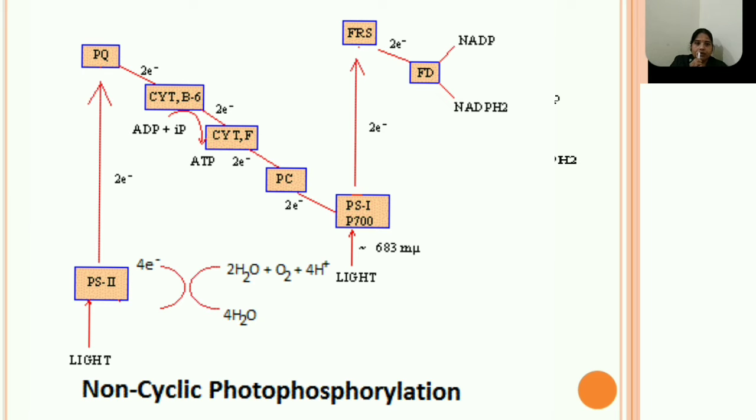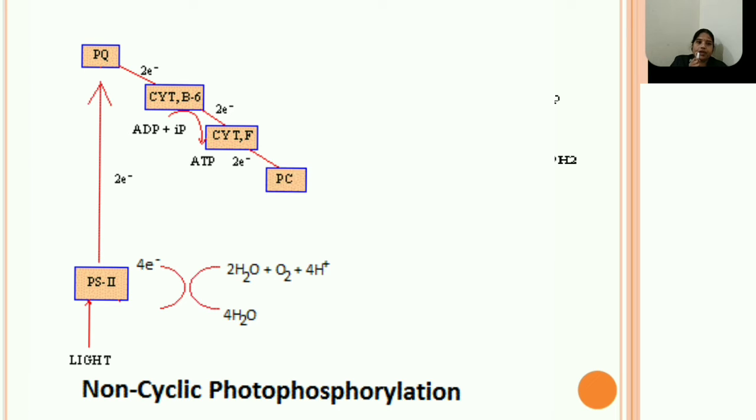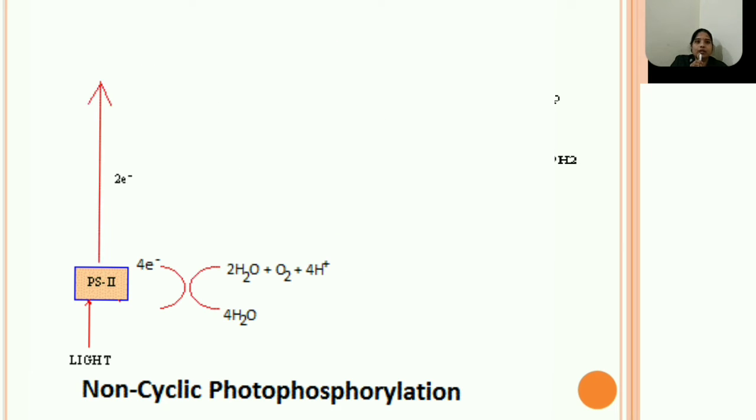Photoexcitation of photosystem II: it absorbs light and gets excited, which results in ionization of chlorophyll a, and a high-energy electron is transferred from PS II. The energy-rich electron is accepted by the primary acceptor, known as coenzyme Q, also known as PQ or CoQ.